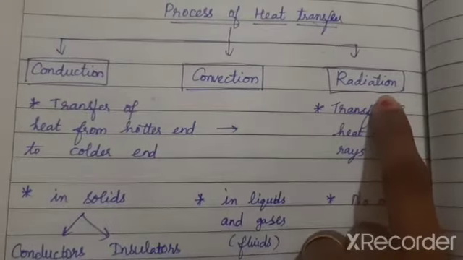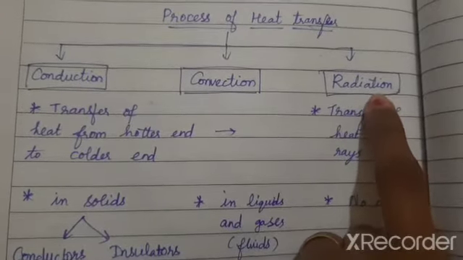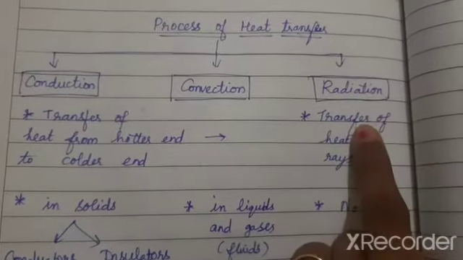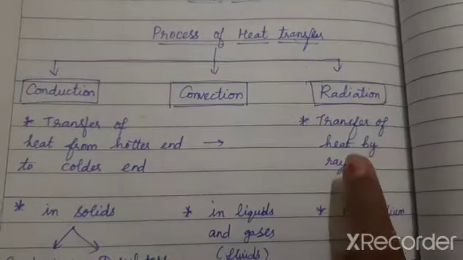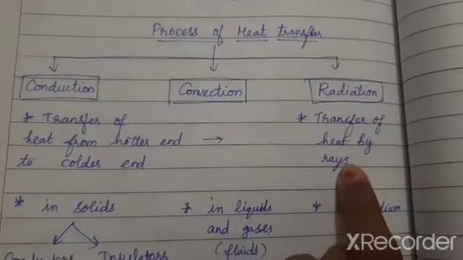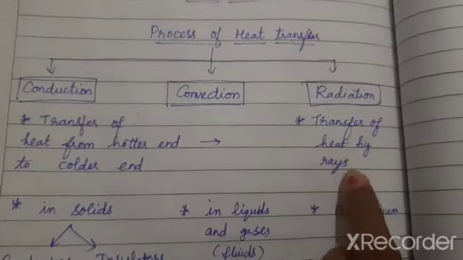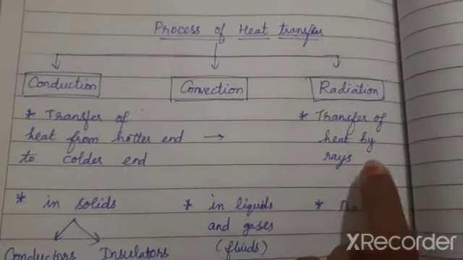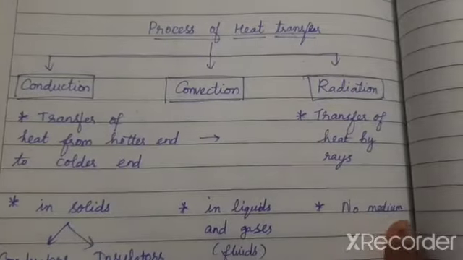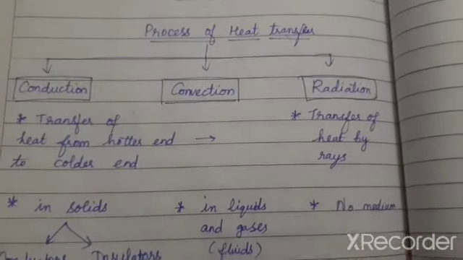Let us move to the third process of heat transfer, that is your radiation. Radiation is the transfer of heat by the form of rays. As I told you already, that is the sun rays. Okay, here you do not require any medium for its transfer.